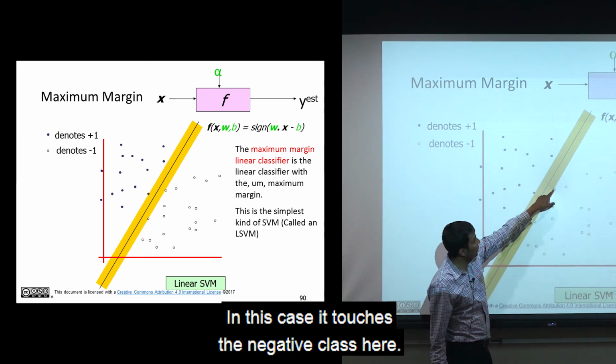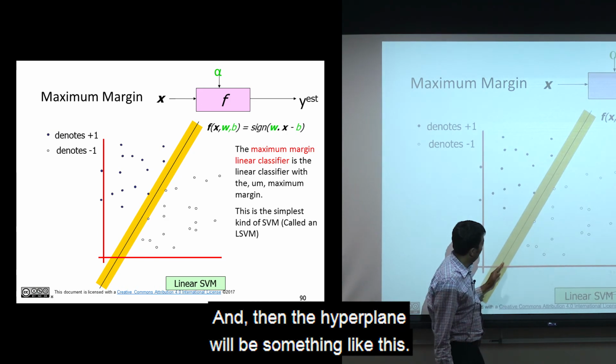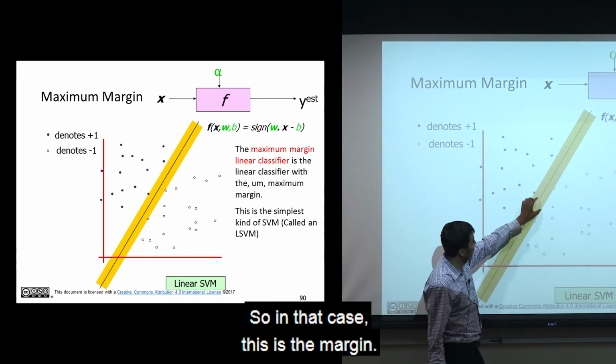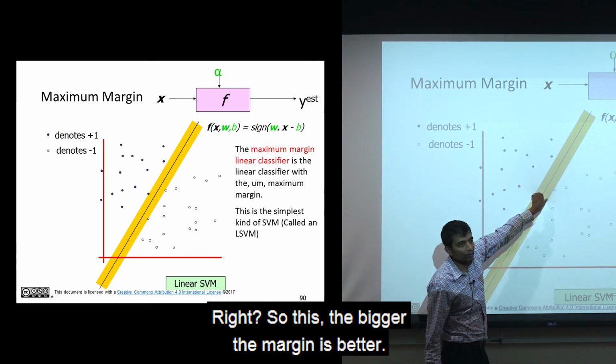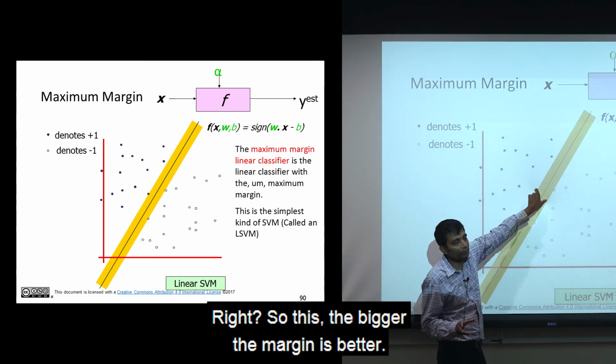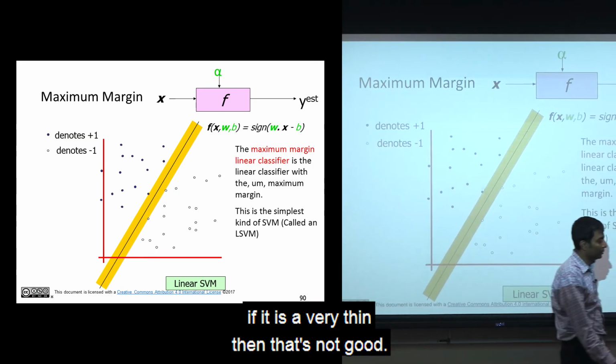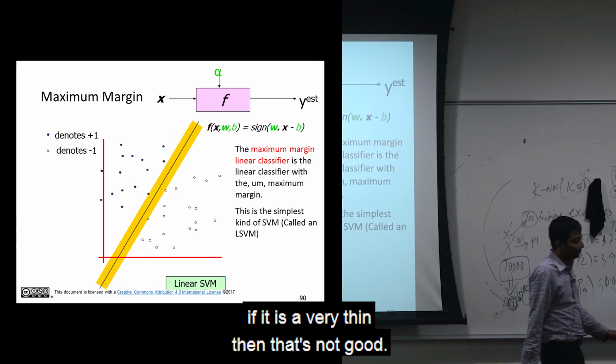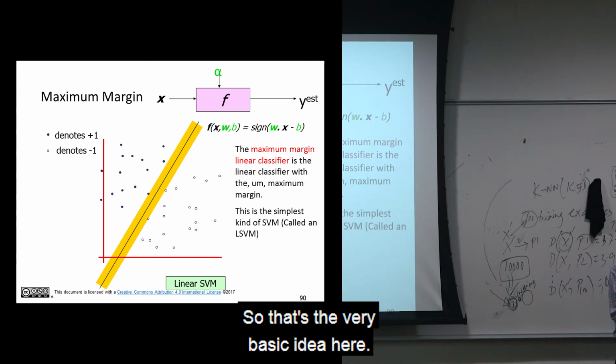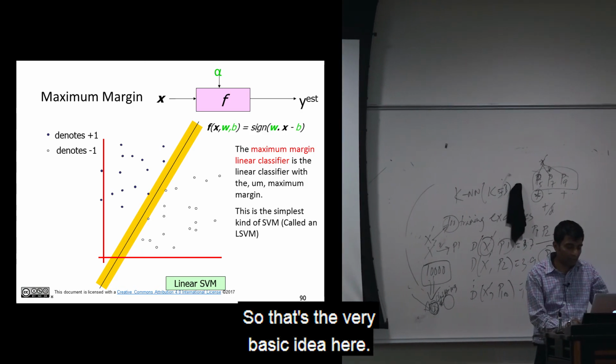Then the hyperplane will be something like this. So in that case, this is the margin, right? The bigger the margin, the better, because if it is very thin, that's not good. A thicker margin is better. That's the very basic idea here.